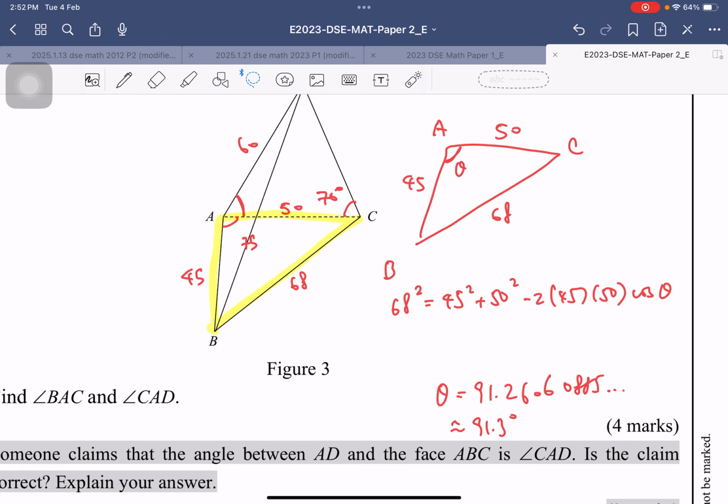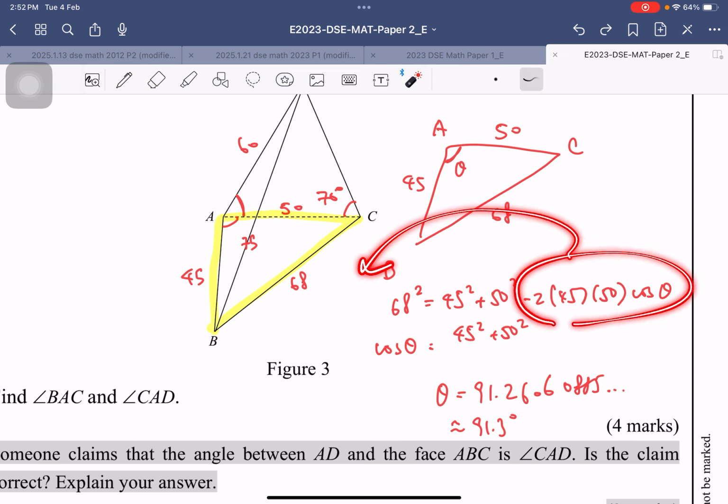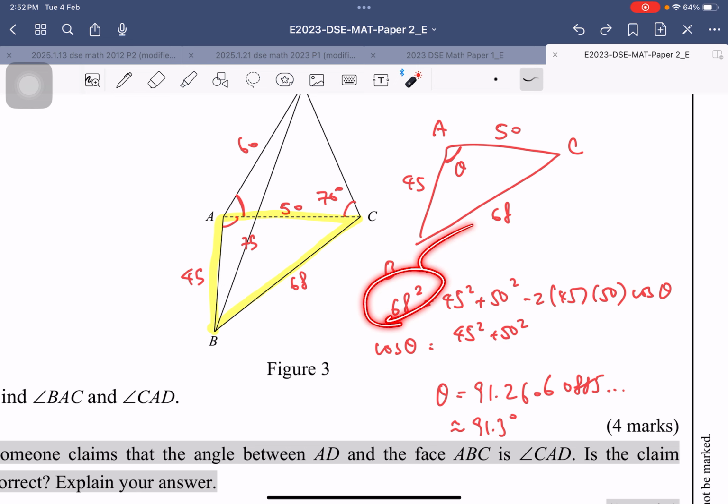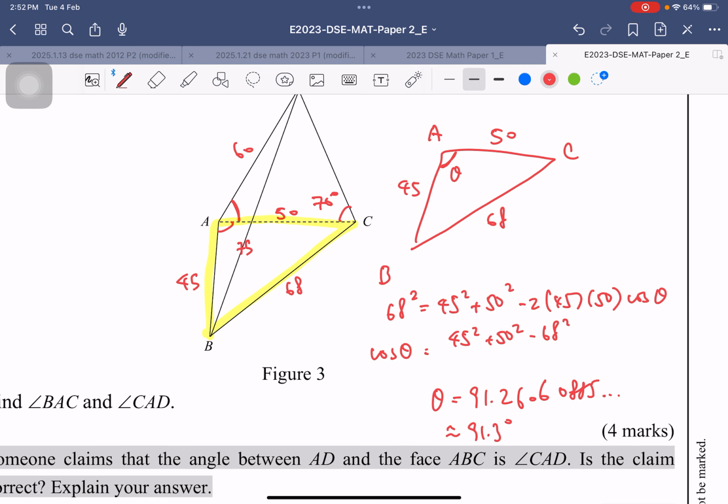You make cosine theta the subject first. So 45 squared plus 50 squared minus the whole thing here. You move it to the left-hand side, it becomes positive, and you move this to the right-hand side, it becomes negative. So minus 68 squared, and you divide it by 2 times 45 times 50.